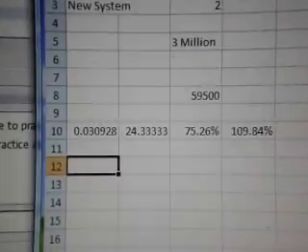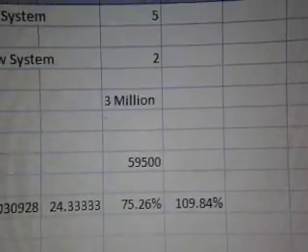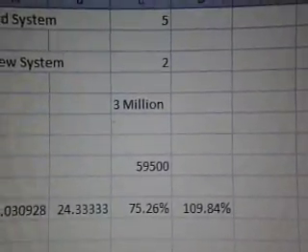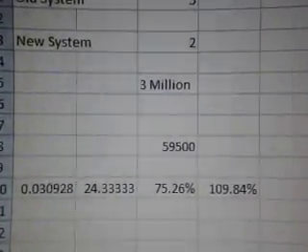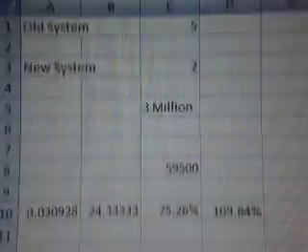Everybody with me? Page 682, problem 16-4. Okay, good. Good, alright.